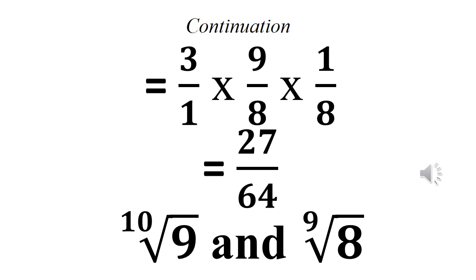So we have 27 over 64, which means 10th root of 9 is taking the value of 27, and 9th root of 8 is taking the value of 64, which means 10th root of 9 is less than 9th root of 8. That means 9th root of 8 is greater than 10th root of 9.